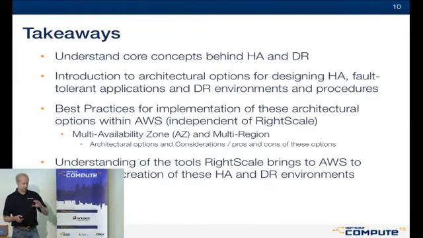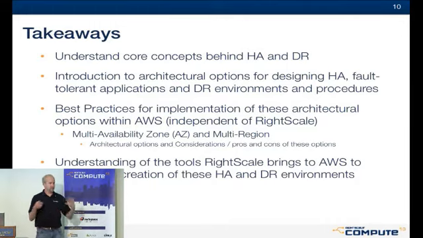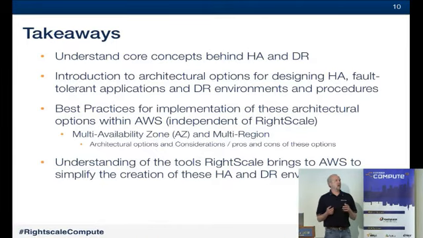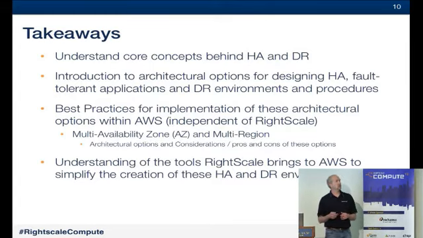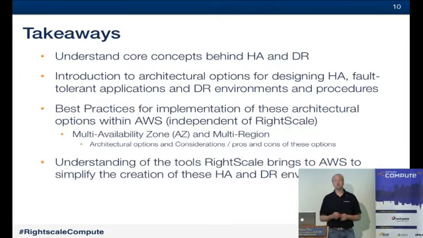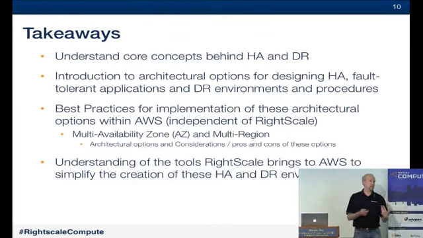Okay, so the takeaways we're hoping you guys will get out of this. Understand the core concepts around HA and DR. We'll talk about some of the architectural options that are available to you in not just AWS, but in the cloud in general in terms of promoting the high availability of your application. Look at how you can build these DR environments in physically separate, segregated geographical locations. Best practices for implementing these things, obviously with a bent towards the RightScale platform.